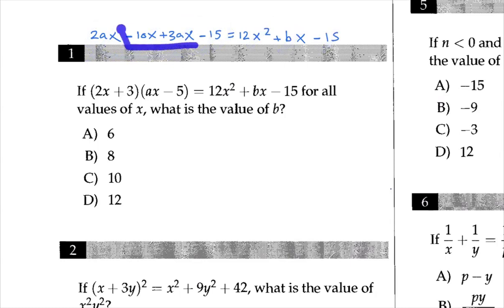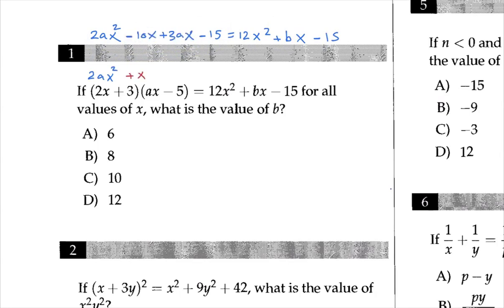And if you notice here, we have like terms. Why do we consider these as like terms? Because we have here the same variable with the same power. We can take this variable as a common factor, so it will be 2ax squared. And here we have negative 10x plus 3ax. Take x as a common factor.